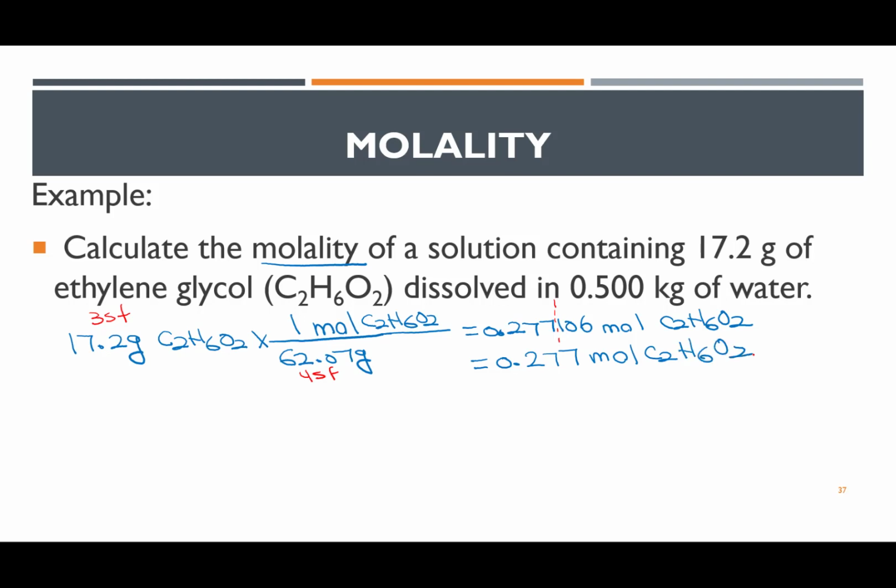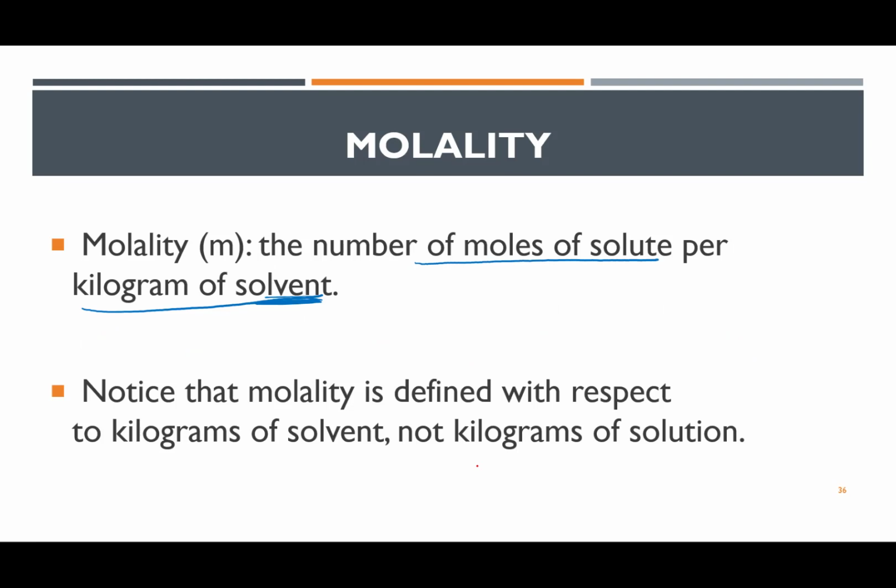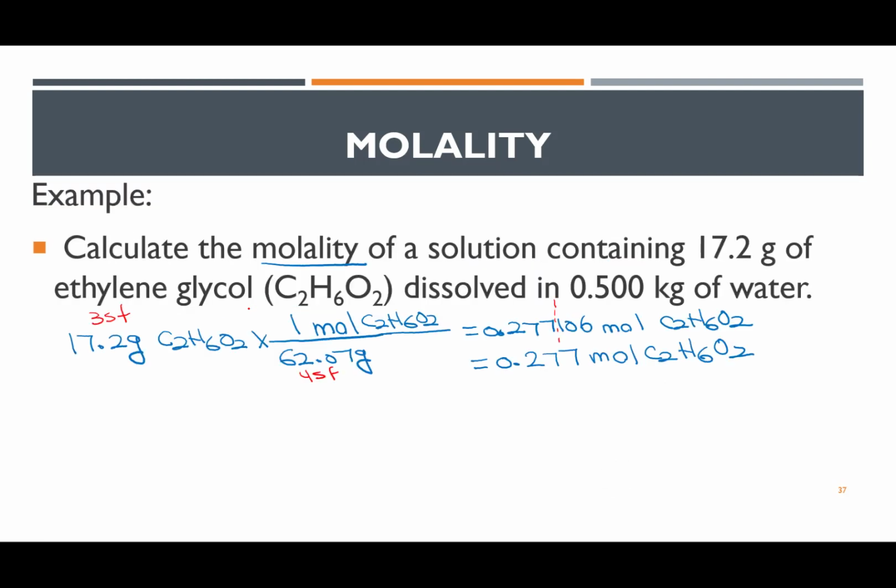Now that we have the moles of ethylene glycol, I have the moles of solute and I have the kilogram of solvent. I could easily calculate molality. Molality is the moles of solute, which is 0.277 mole, over kilogram of solvent, which is 0.500 kilogram of water.